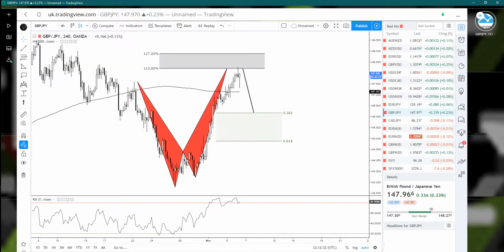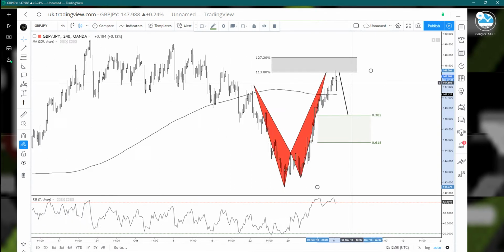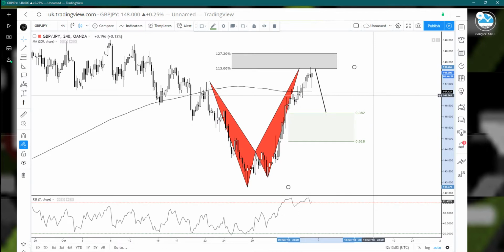Cable, Pound versus Yen, also approaching the alternate pattern. Not so clear. I don't like this criteria here, this point B formation. It can happen, strong bullish momentum, 113 extension approaching. The market has nailed already that level, and is trying to move above it, but again it's not so clear.